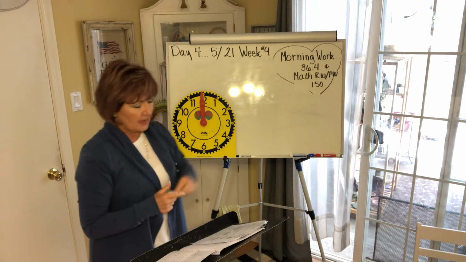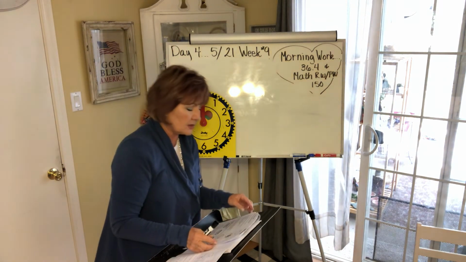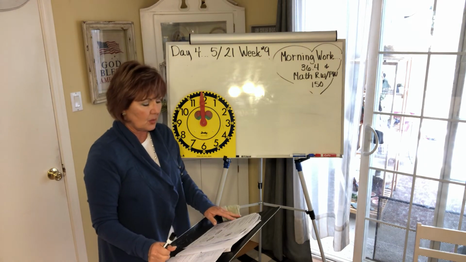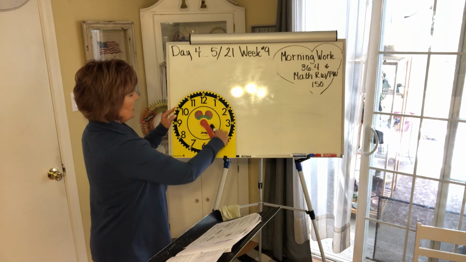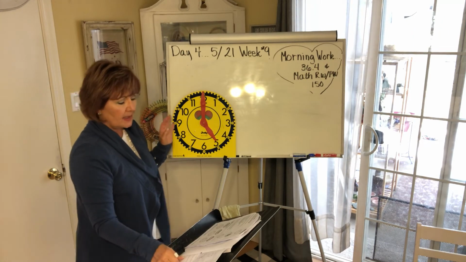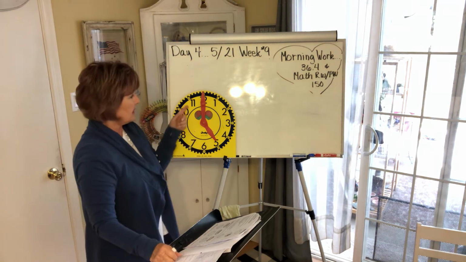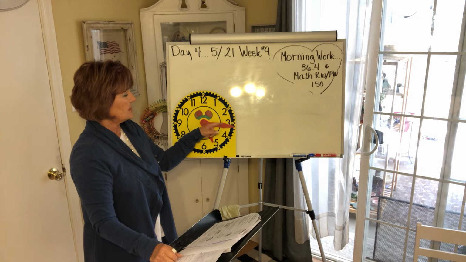Okay, so it says, how can you know where the minute hand points at 5:20? Well, if it's 5 o'clock and you want 5:20, you have to count by fives. Each number, 5, 10, 15, 20.